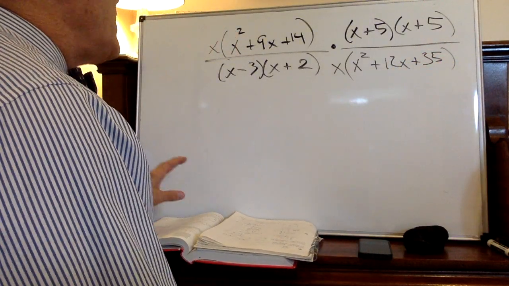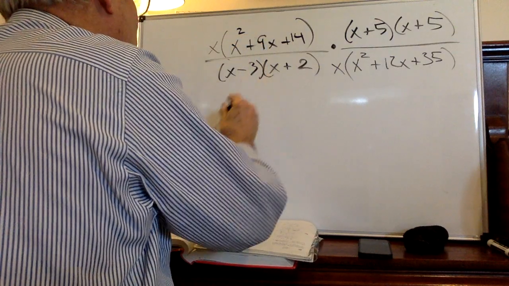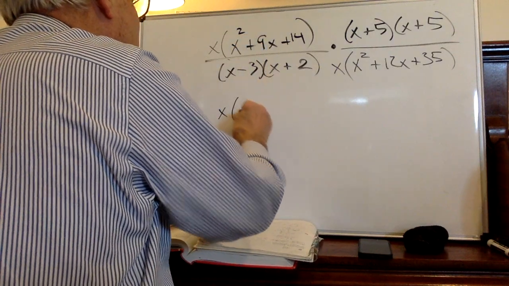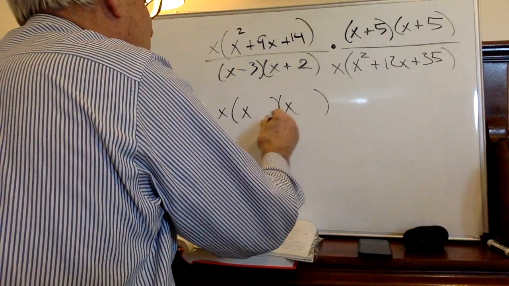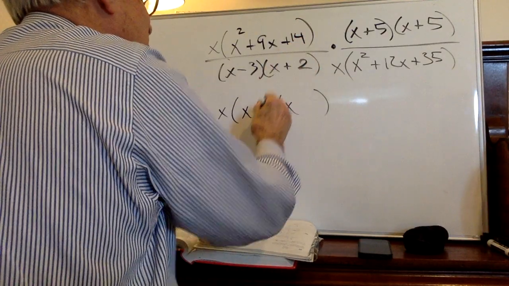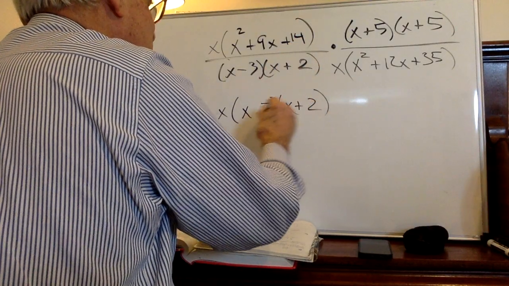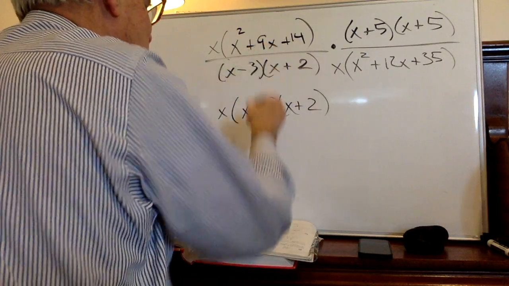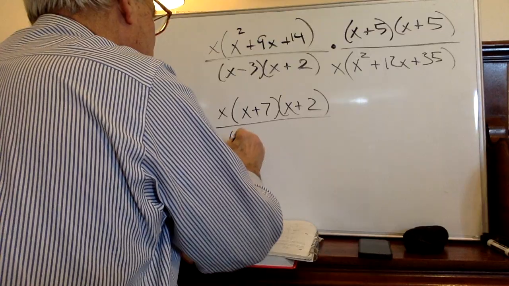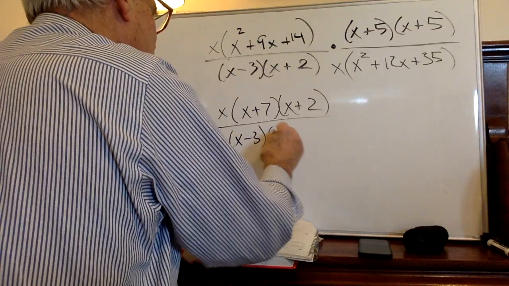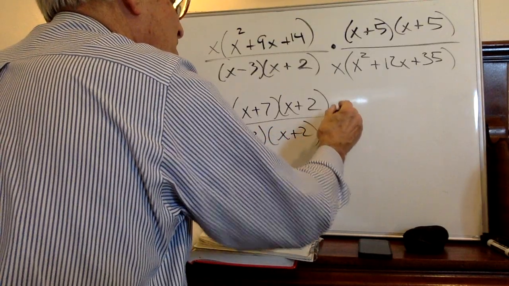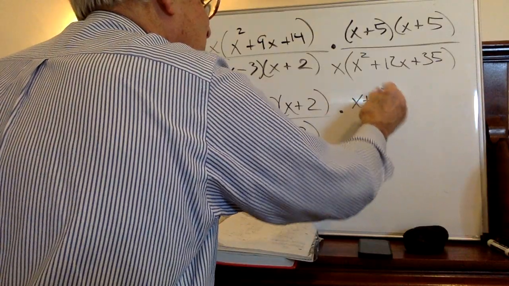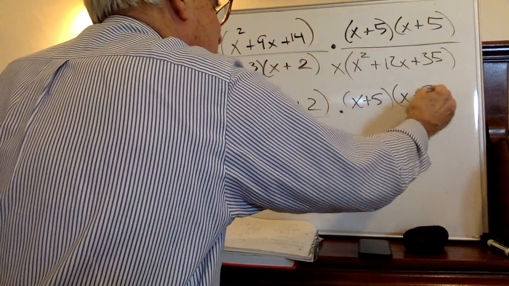All right, so now we are going to continue by factoring this, and I get x and x. 14 is 7 times 2. Both are positive. That will give me a middle term of 9. Plus 2x plus 7 is plus 9x. Over x minus 3, x plus 2, times x plus 5, x plus 5.